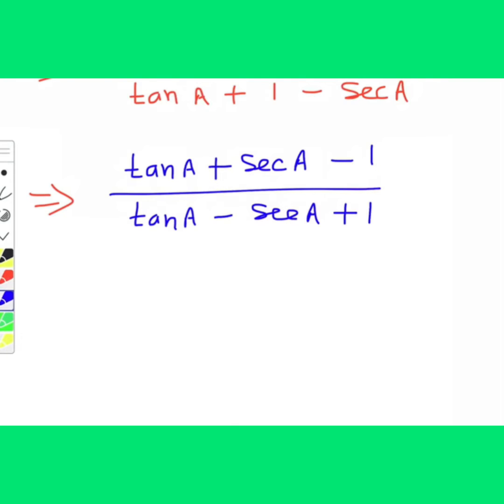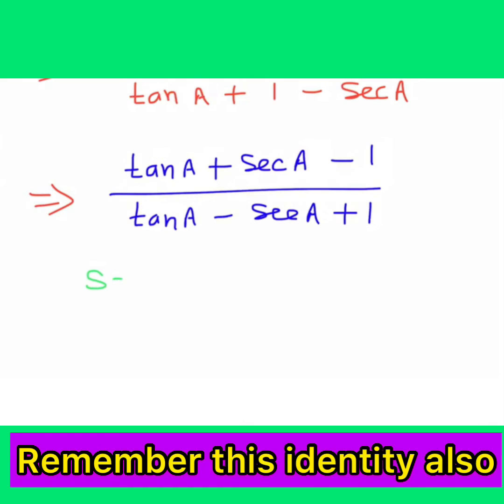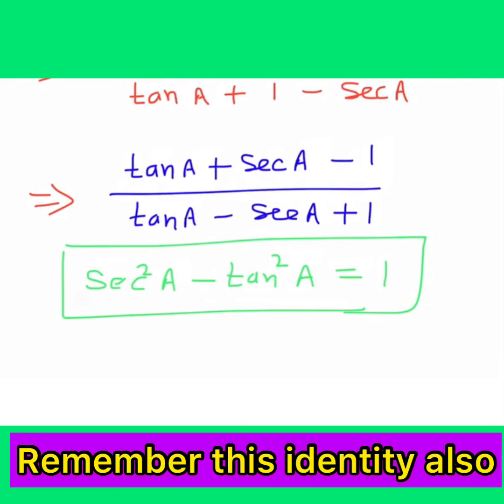Okay, but dear, you know another identity, that is sec square A minus tan square A equal to 1. This is an identity.